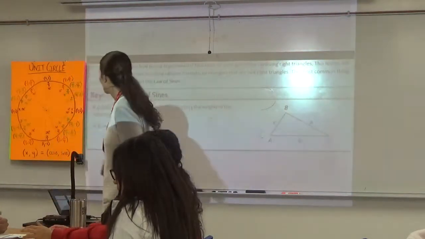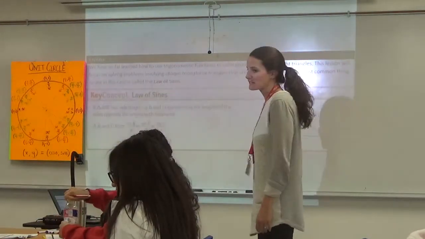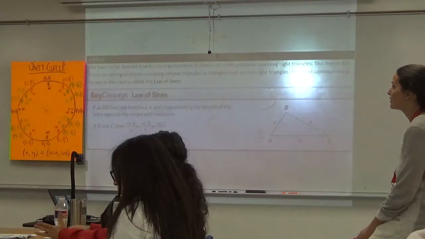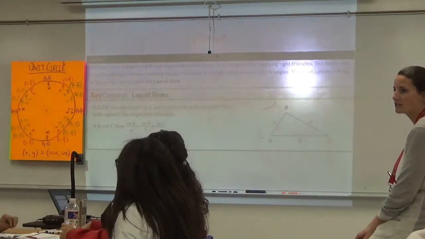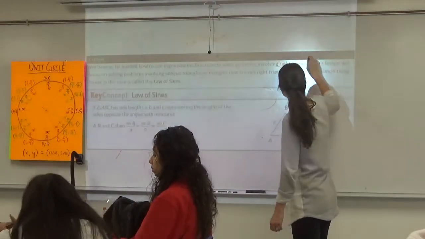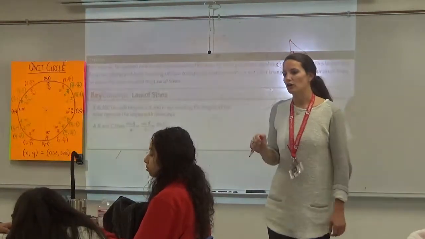So let's take a look at what law of sines says. Right up here it says the same thing that I just said. It says we have so far learned how to use trigonometric functions to solve problems involving what kind of triangles? Right triangles. So triangles that look like this and have a nice 90-degree angle.